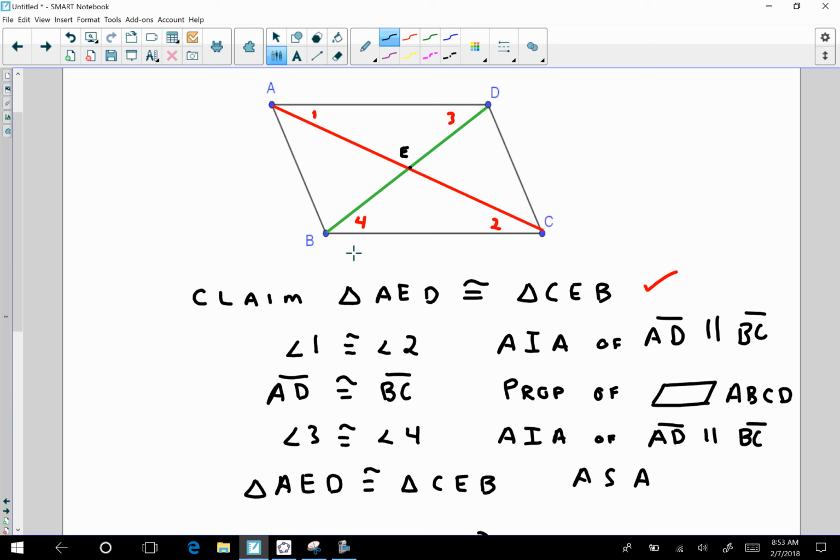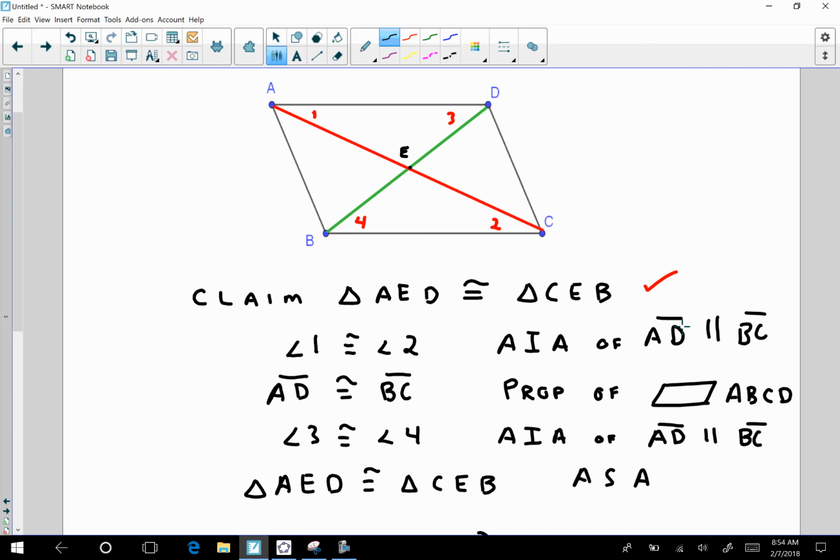Well, we know that angle 1 is congruent to angle 2, by the alternate interior angle property of line AD being parallel to line BC. We also know that AD is congruent to BC, and we proved that in a prior lesson. That's a property of parallelograms. One thing you will notice is that the properties follow one after the other.